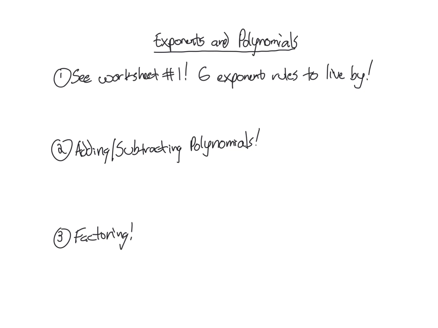So we started with exponents. If you go back and look at worksheet 1, which I highlighted here, during that unit, it'll go over 6 important exponent rules to live by. I'm not going to run through all of them, but maybe some examples. Anything to the 0 power always equals 1, right?